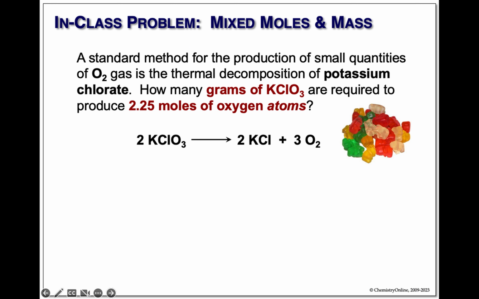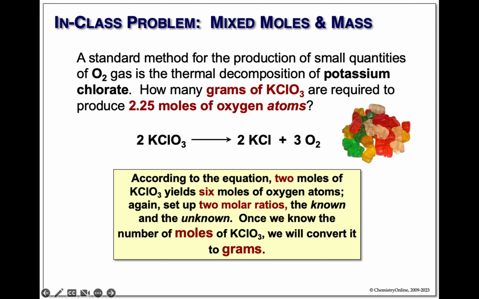So here we have 3 oxygen atoms, here we have 2. Okay, our equation appears to be balanced. That's good. We're looking for KClO3 and oxygen atoms. 2 moles of KClO3. We will set up our molar ratios, 6 moles of oxygen atoms.